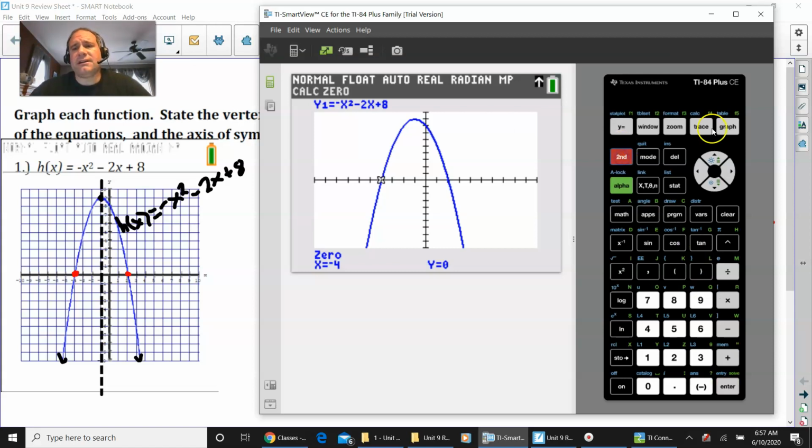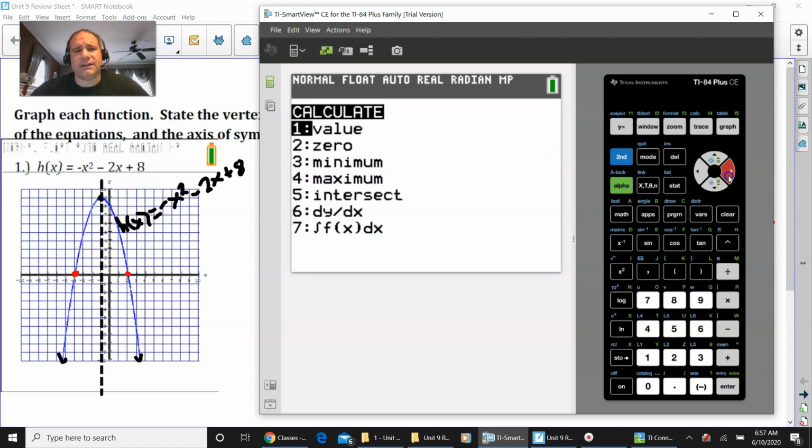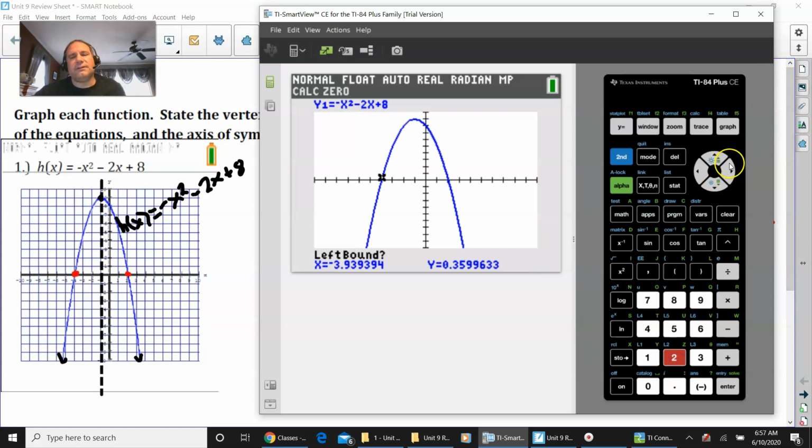I'm going to try to do it again on the other side now, pressing 2 for zero, and I'm going to move this cursor all the way over to the left-hand side, pressing enter, and then move it to the right-hand side after the intersection point, press enter, and then guess it would be right about there, and it is perfect, 2, 0.